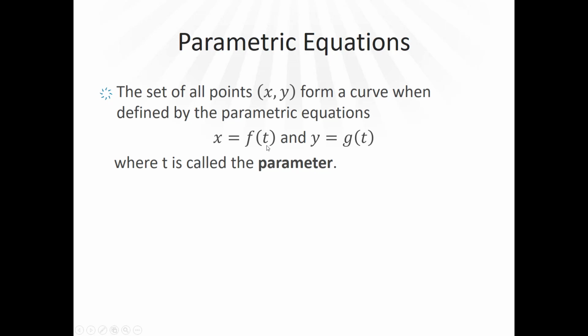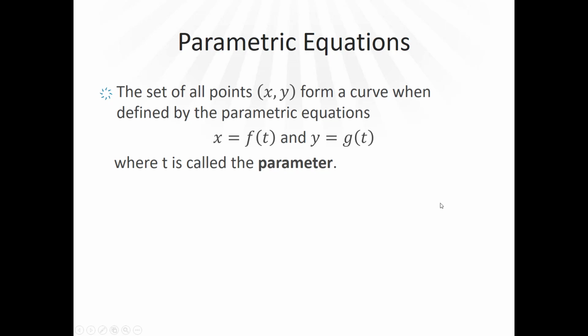So the f function and the g function are different. Okay, so one function tells us the x position, one function tells us the y position. And notice both of these functions are functions of t, or of, in the example of the satellite, that was time. It doesn't have to be, but often is. In general, we call t the parameter, and so that's where we get the name parametric equation. So parametric, its root word is parameter.